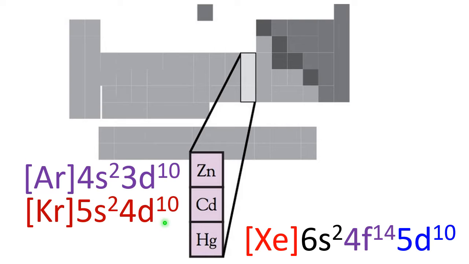All d electrons occupy all orbitals. Same story with s. 4s2, 5s2, and 6s2 subshells are completed. With mercury, we also have completed 4f subshell.